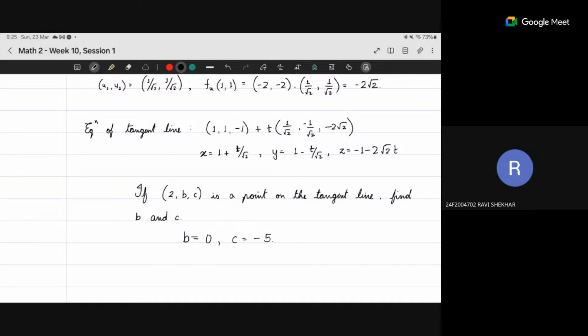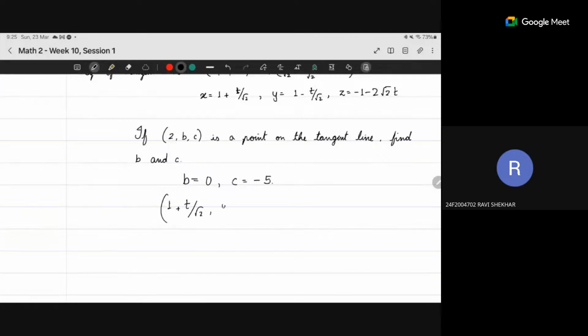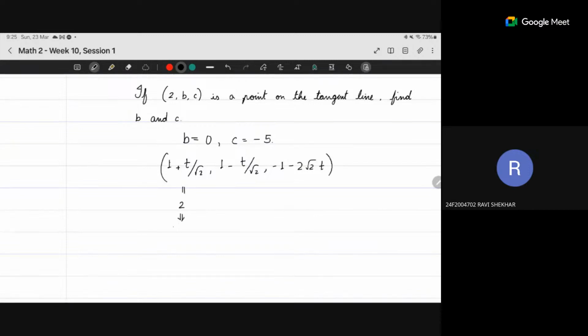The points of the tangent line are of the form 1 plus t by root 2, 1 minus t by root 2, and minus 1 minus 2 root 2 t. If I say that the first coordinate is equal to 2, this implies that t is equal to root 2, as you said. So what would the y coordinate become? 1 minus root 2 by root 2, which is 1 minus 1, 0.